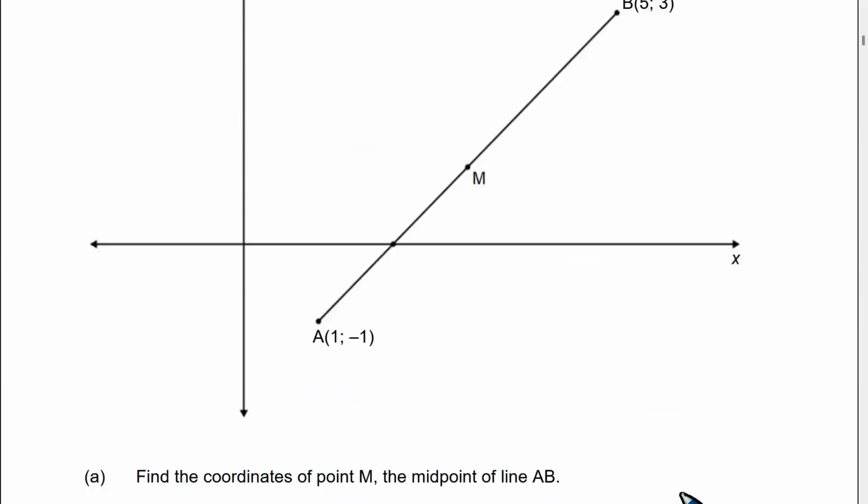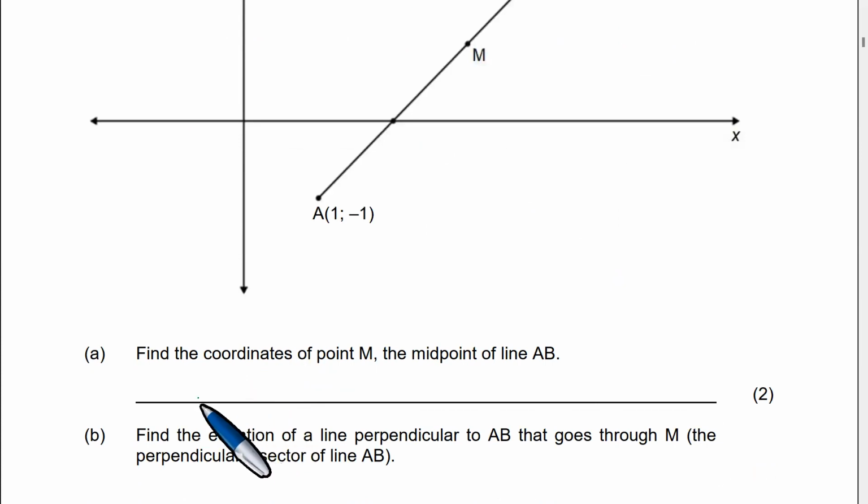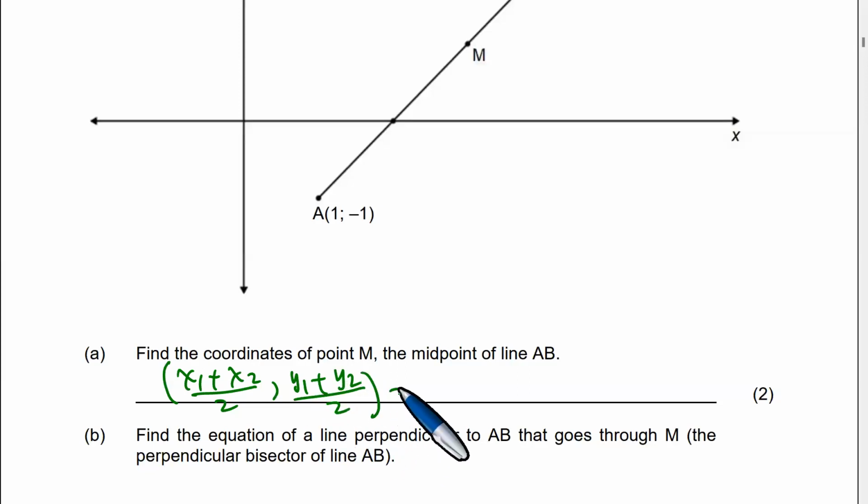We proceed as follows. To find the coordinates of point M, we take x1 plus x2, we divide by 2. We have y1 plus y2, we divide by 2.